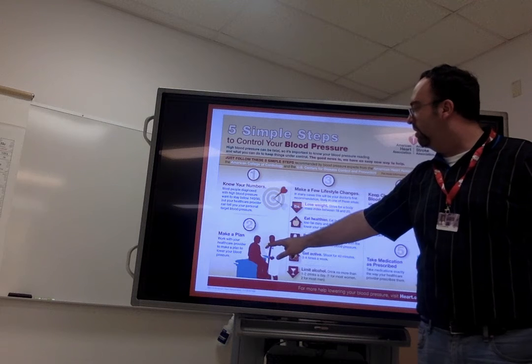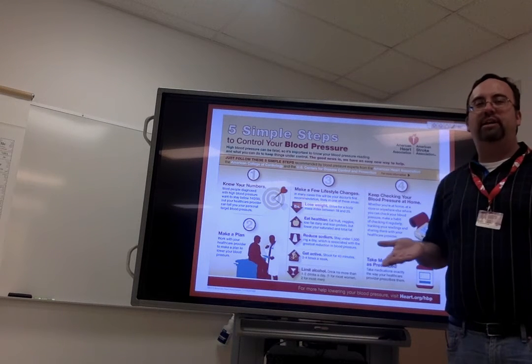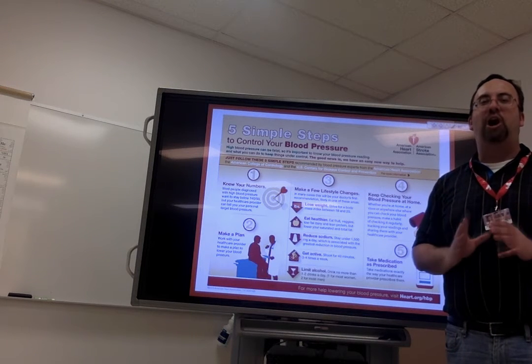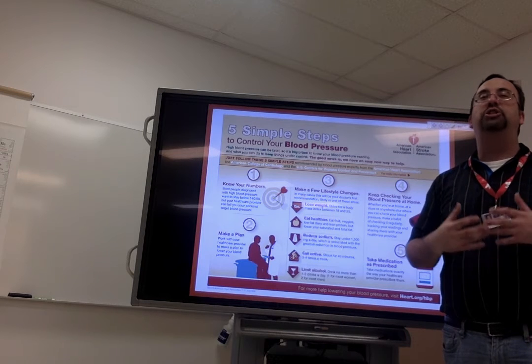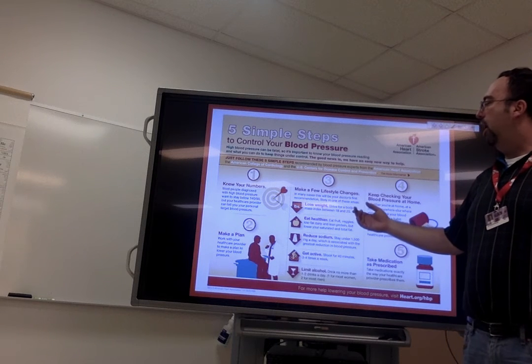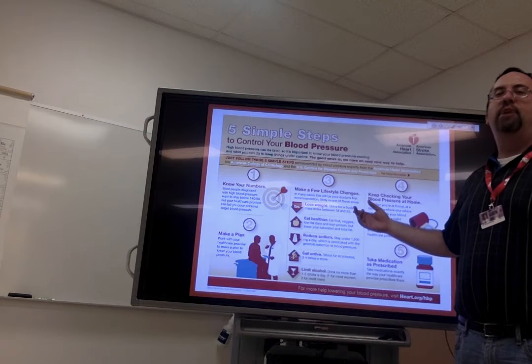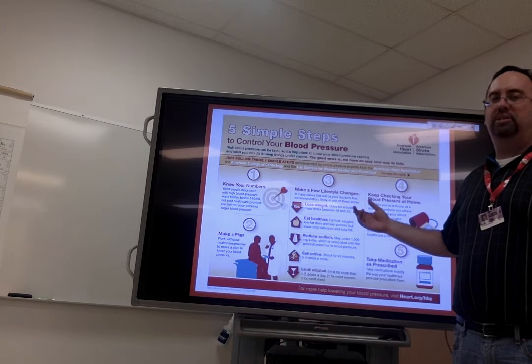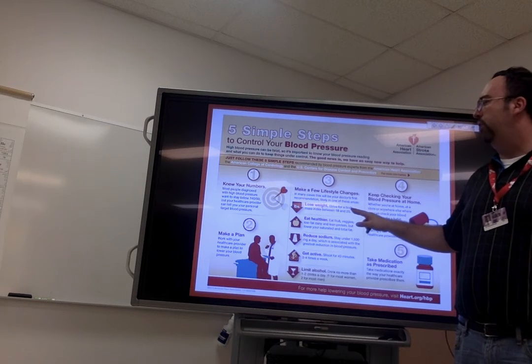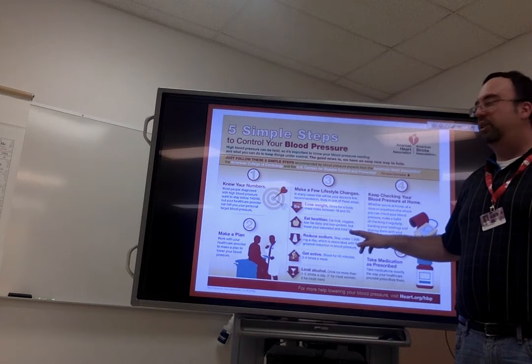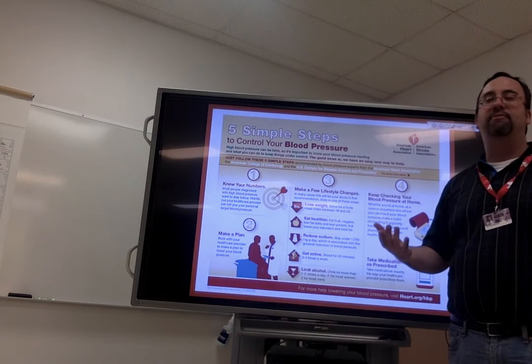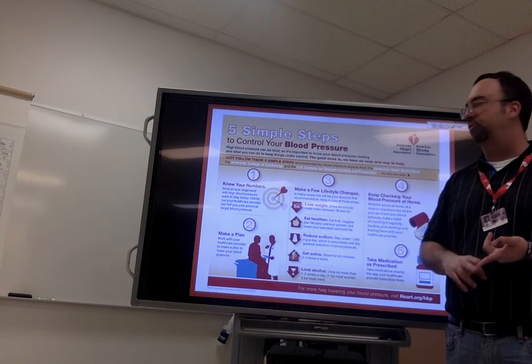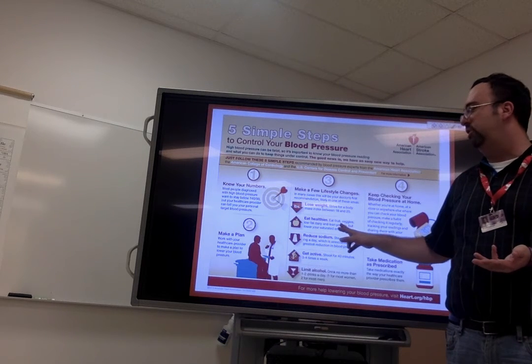Make a plan, make a few lifestyle changes, and little things can oftentimes lead to very large effects. As we saw before, if you are overweight or obese, then you want to maybe try to lose some weight, try to eat a little bit healthier, try to have a variety of things in your diet, such as fruits and vegetables and some lean protein.